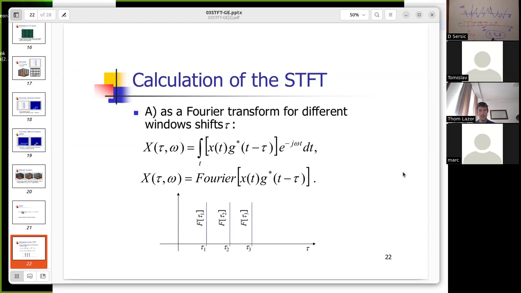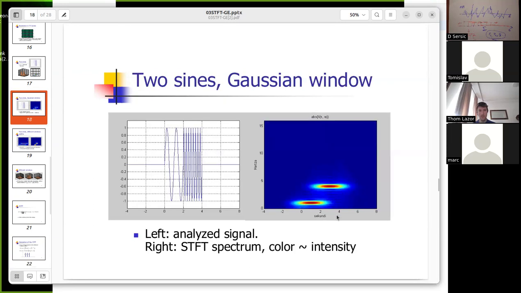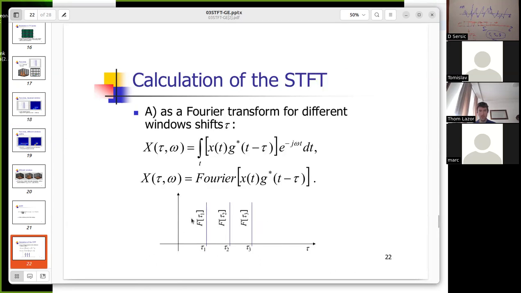But if it is dense enough, we can get nice pictures like I did in our previous slides. The time axis was not infinitely dense, but it was dense enough to get a reasonably good result. What I did was actually a discretization of the time axis, and we will discuss it a little bit later.